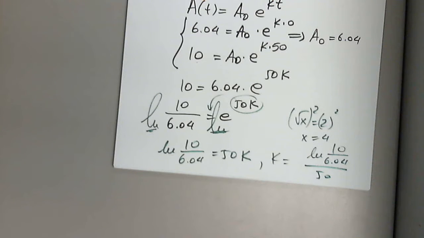And yes, we have to plug it in the graphing calculator. Ready? Okay. So we have natural log of 10 divided by 6.04. Close the parenthesis, and further divide by 50.